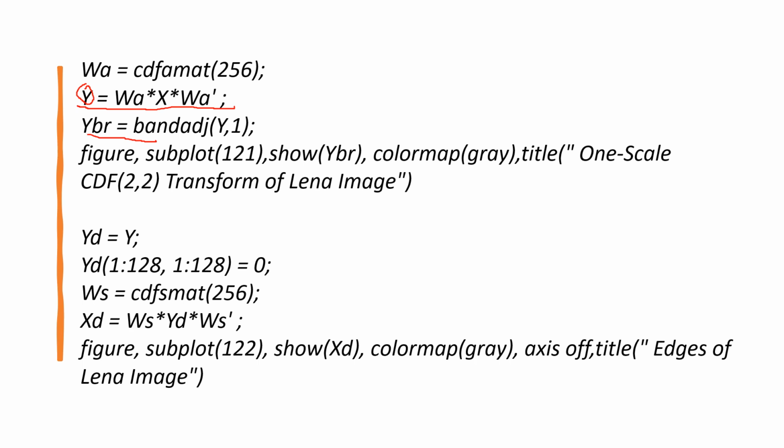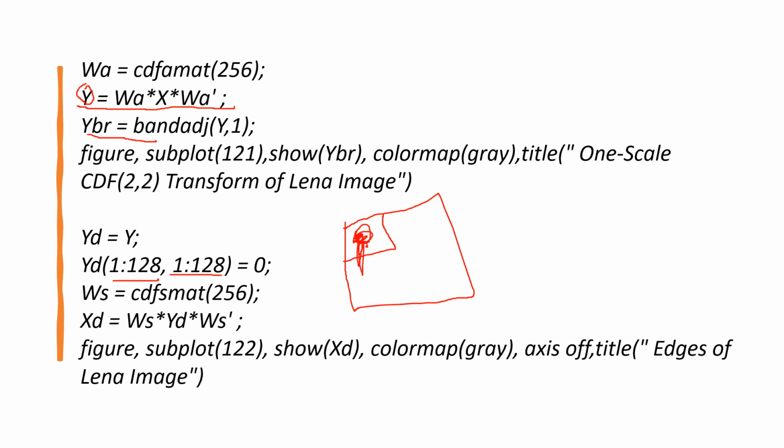And here, next we are going to calculate the edges. To find out the edges, we take a matrix YD, which we equate to Y, and now YD has all the elements of Y. The first 1 to 128 and 1 to 128, which represents the topmost left corner, the elements in this region, represent the trend of the image.